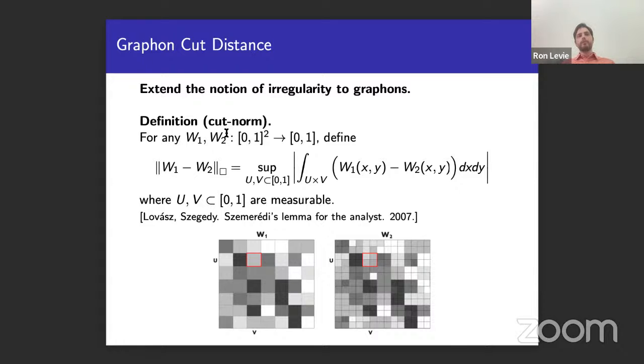Given two graphons, the cut norm of the difference between the two graphons is defined as follows. You take pairs of node sets in [0,1], compute the average edge weight in the first graphon and the average edge weight in the second graphon between these two sets of nodes, subtract, and take the absolute value. This is called the cut norm.